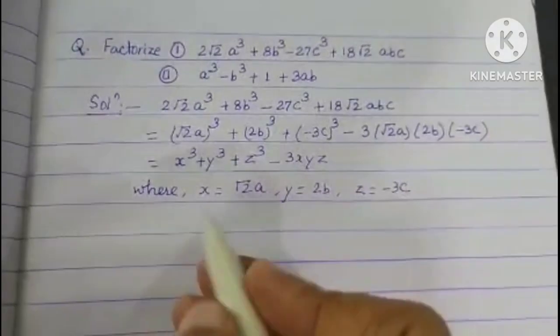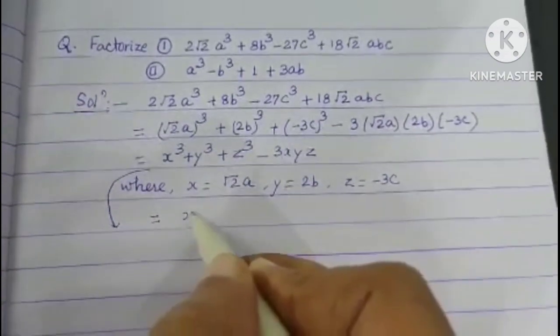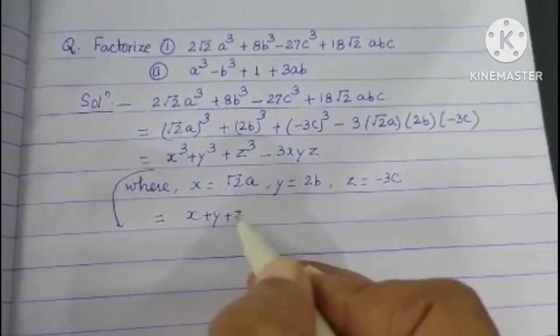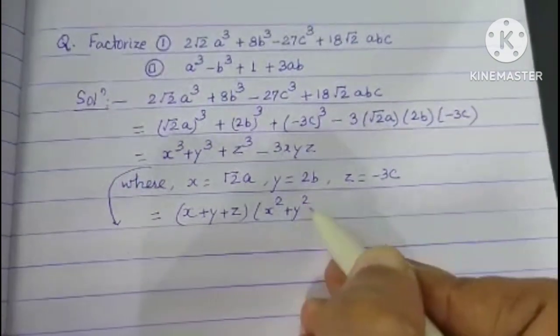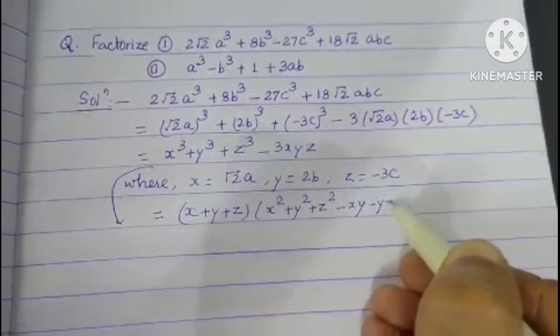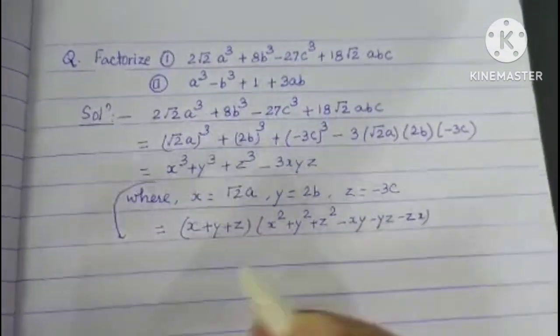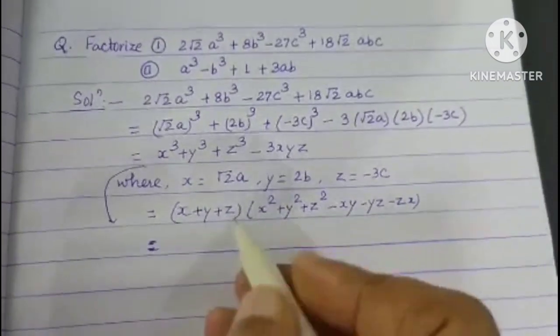Okay, now we can factorize this as x plus y plus z multiplied by x square plus y square plus z square minus xy minus yz minus zx. Simply we have to put the values of xyz in this factorization.